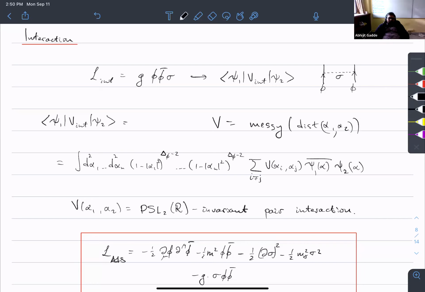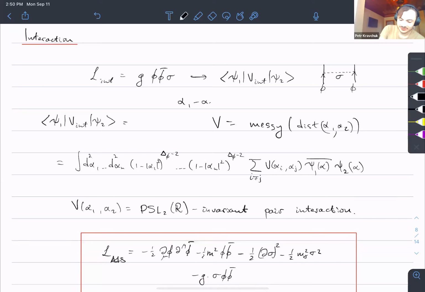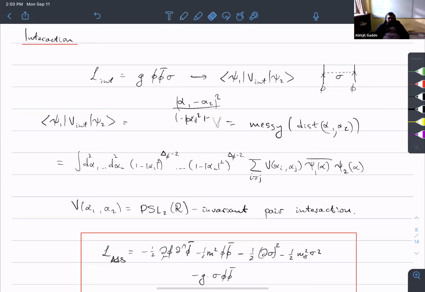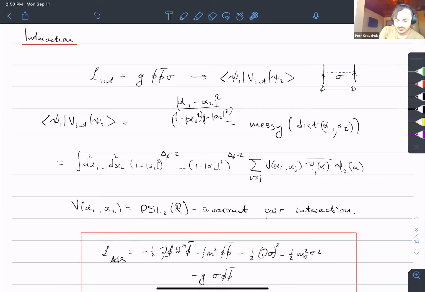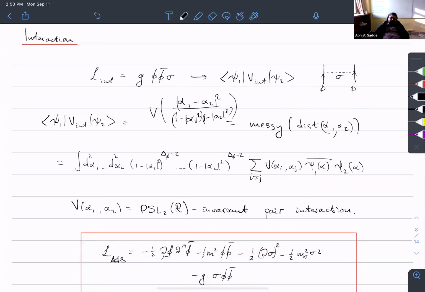Okay, so the hyperbolic distance. The hyperbolic distance is something like alpha 1 minus alpha 2 squared over alpha 1 squared, alpha 2 squared, something like this, and you have to take arccosh of this or something like this. So it's a function of this ratio.